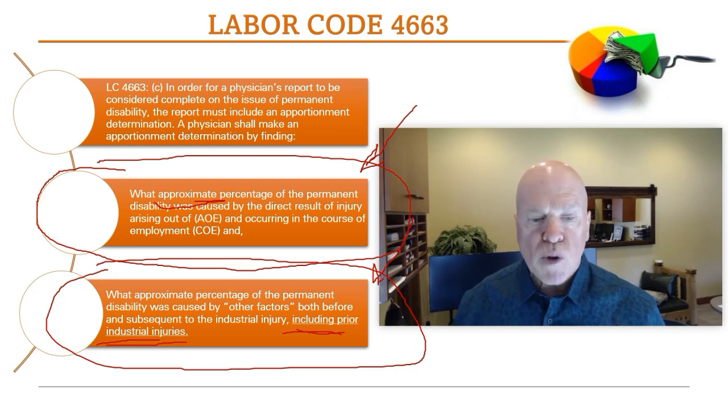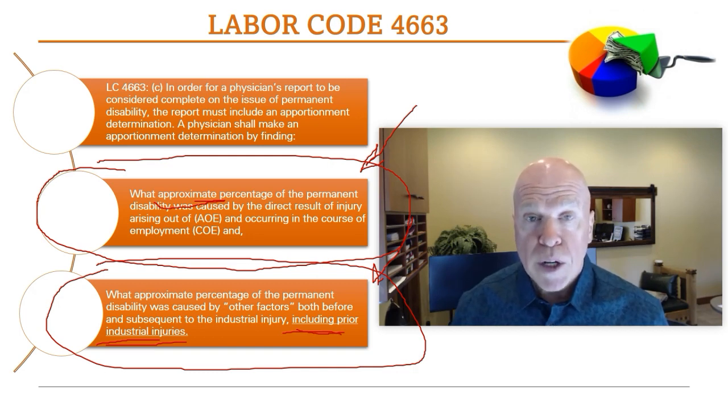Now, the reason prior industrial injuries is written into the language of the law is because legislators have long known that some employees are frequently injured employees, and they frequently go through the system.